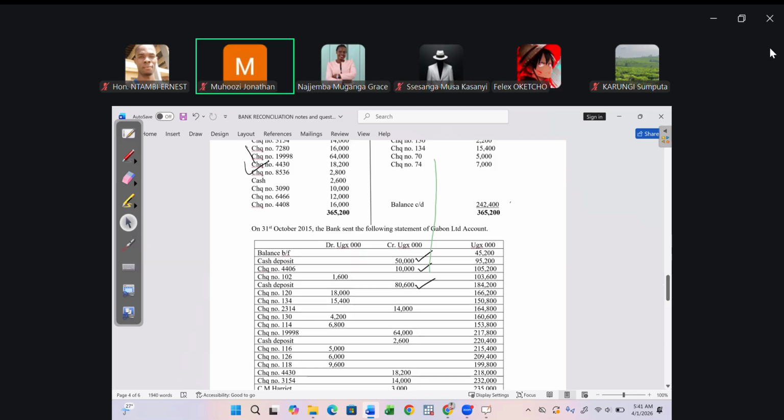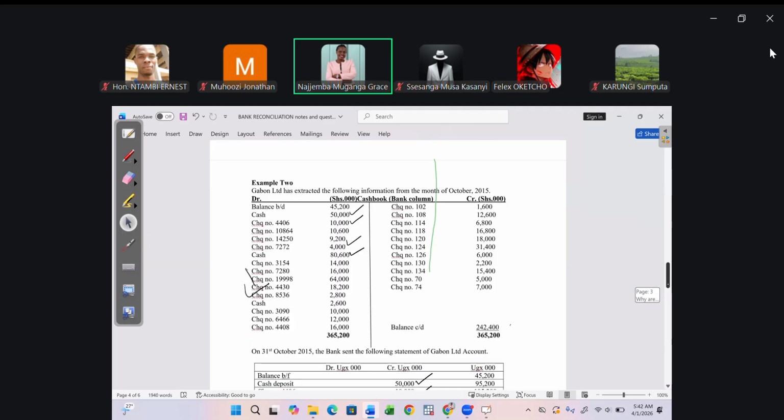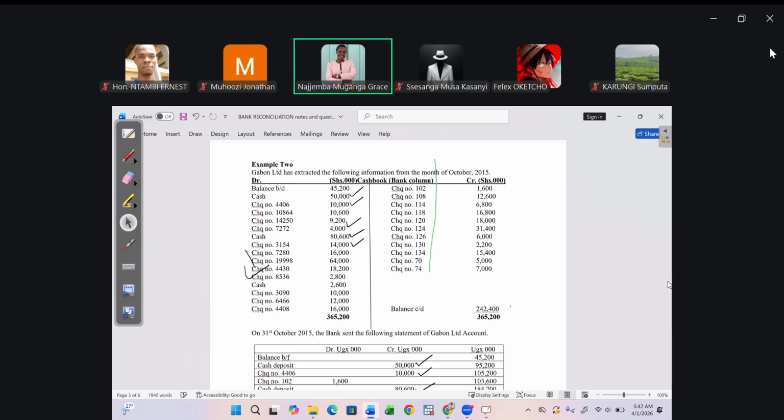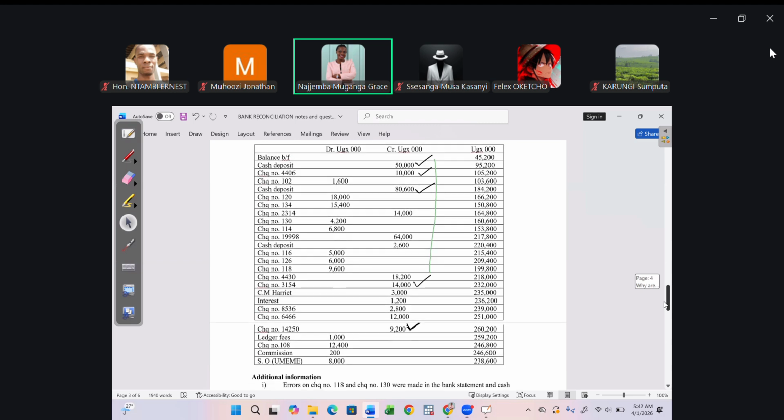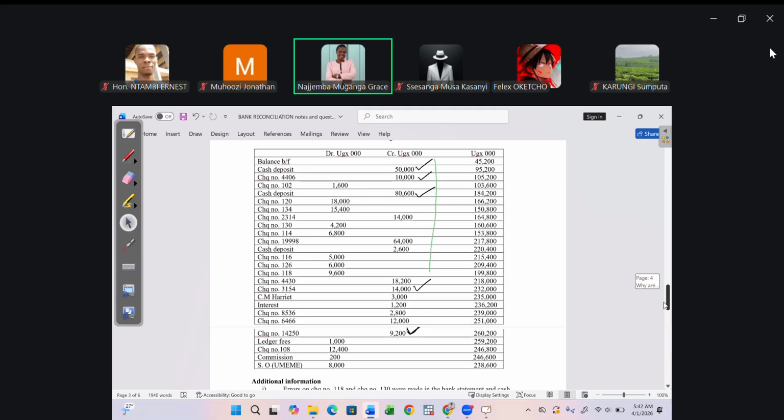Yes. This is 14 on the credit side. And then on the debit, 14. 7,280, that's 16,000. Check number 7,280. It's nowhere.